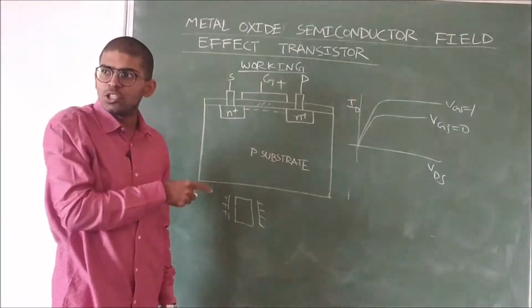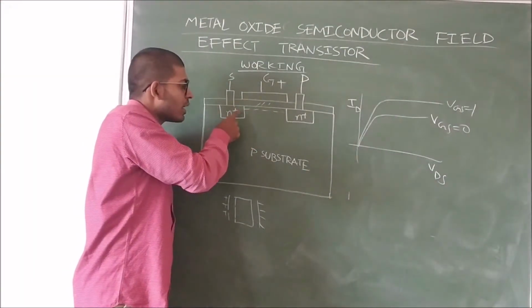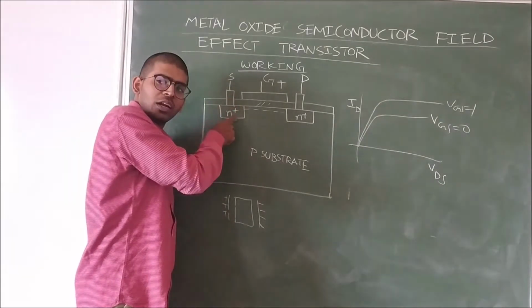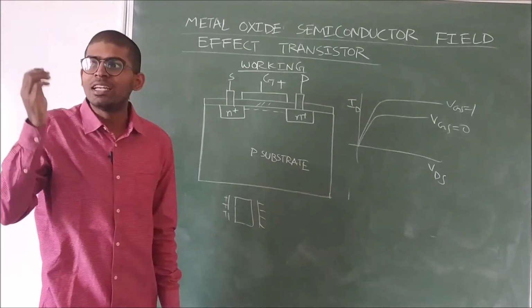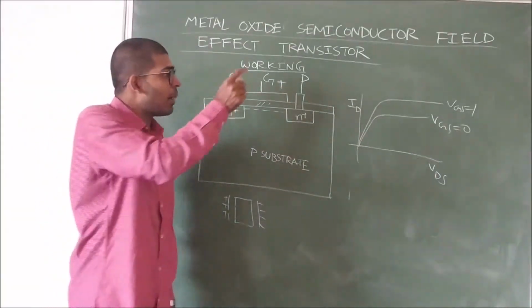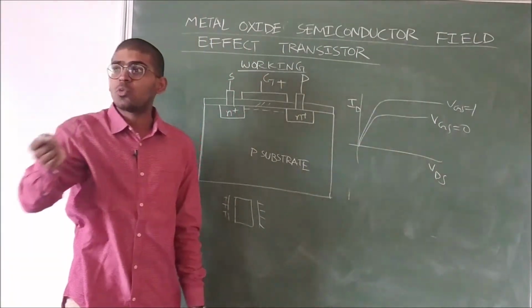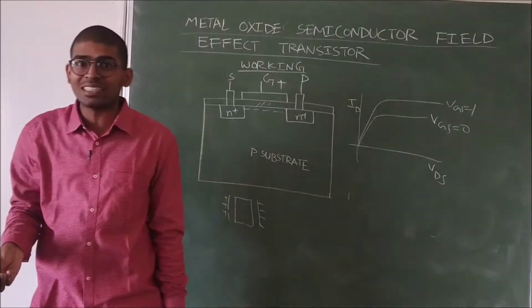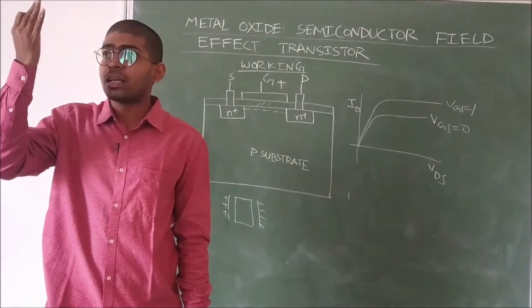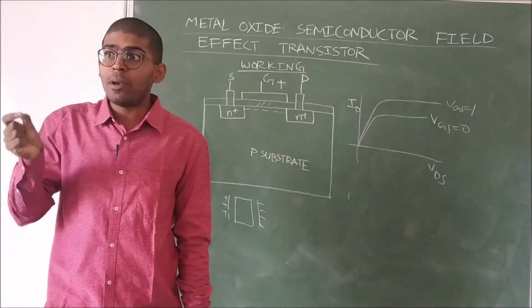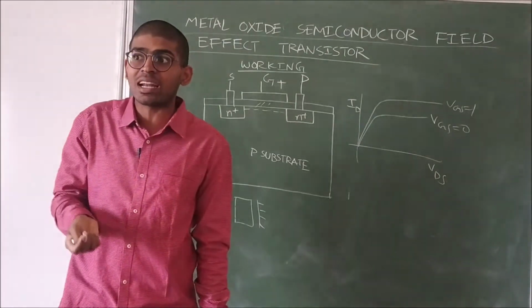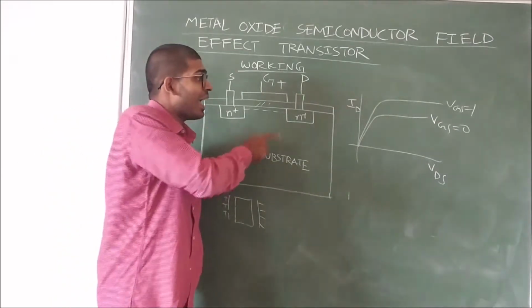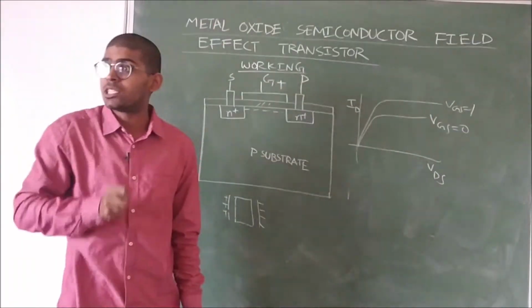Because negative voltage is induced, more electrons travel from source to drain, so drain current is incrementing. Because the application of the positive voltage to the gate terminal is enhancing the drain current, it is called enhancement mode operation.